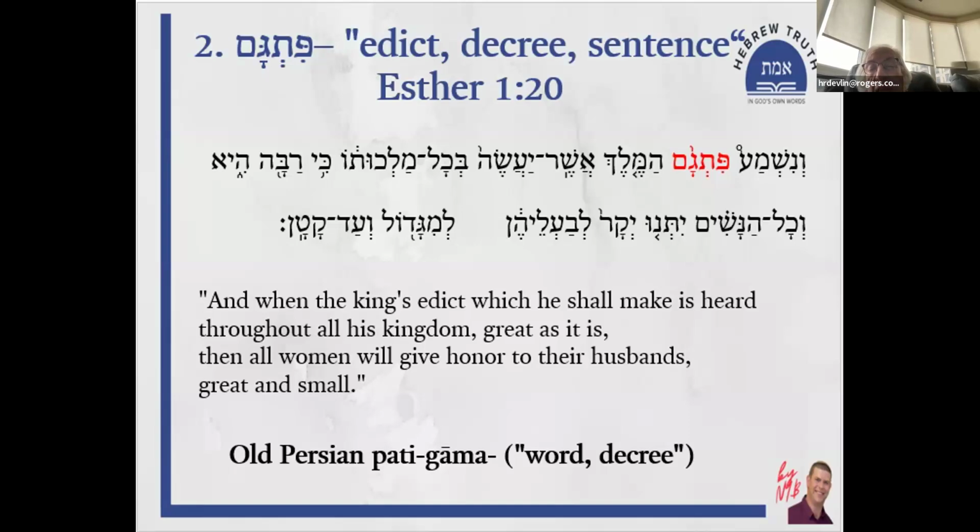And when the king's edict which he shall make is heard throughout all his kingdom, great as it is, then all women will give honor to their husbands, great and small.